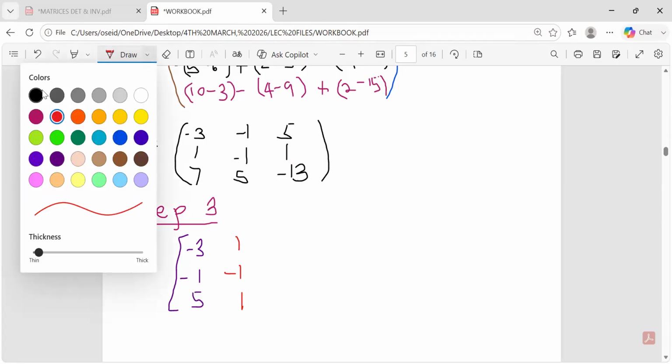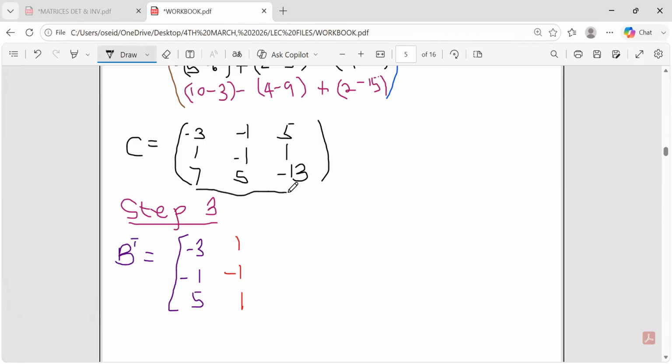Then with the third row, we have what? This. The third row, we have 7, 5, 13, which is negative. So this is our transpose.